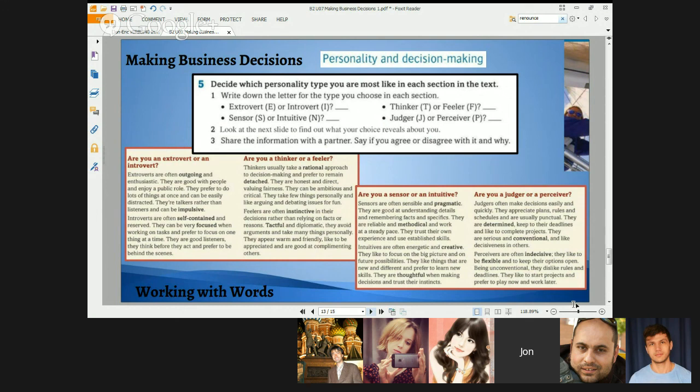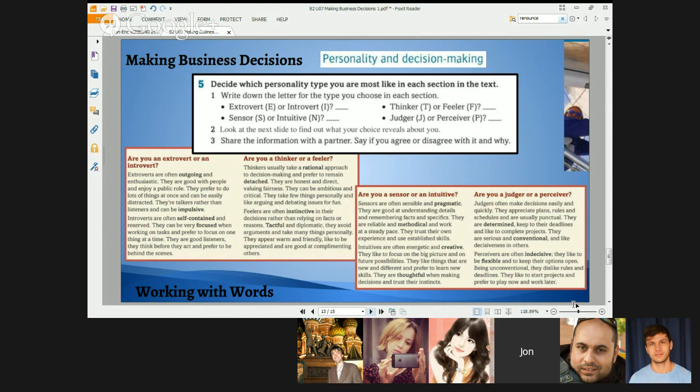Then it says, look on the next slide to find out what the choice reveals about you. Okay, I think it would be a good idea if you prepare this on your own. This 5.1. It says to write down the letter for the type that you choose, but actually it would be good if you could say it as a short, 15, 20-second presentation. Short, nothing long.